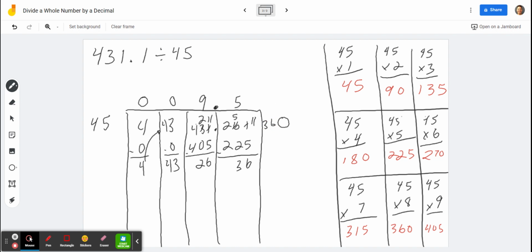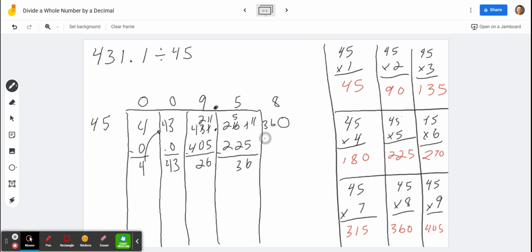Okay. And now we repeat the same steps. We see how many times does 45 go into 360? Well, if we look at our chart, we're in luck. 45 times 8 is exactly 360. So whenever that happens, when it's exactly what you're looking for, that means you're done, right? So 45 goes into 360 8 times.